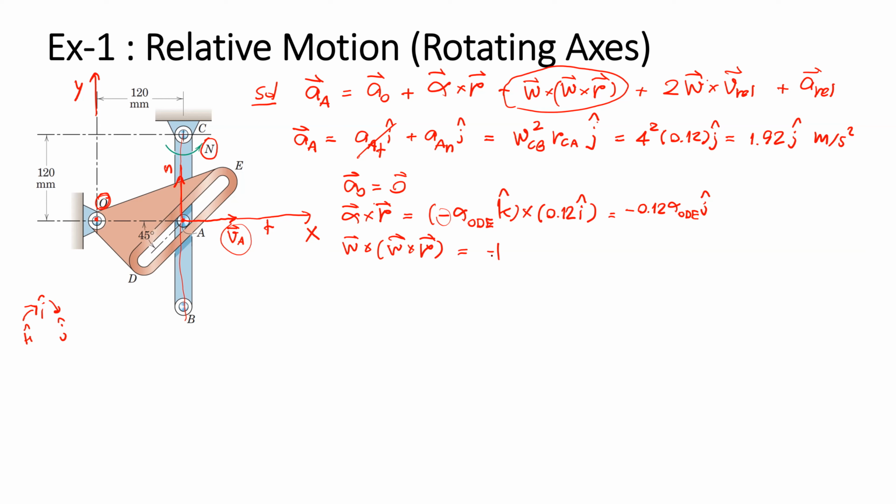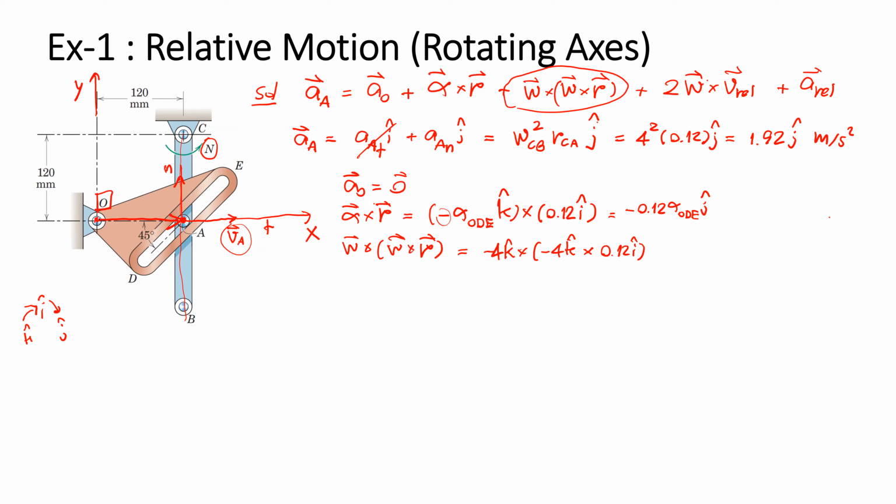So omega is minus 4k direction cross minus 4k direction, and r is 0.12 in the i direction. r is the position vector pointing from the origin of the frame xy to point A that we consider.